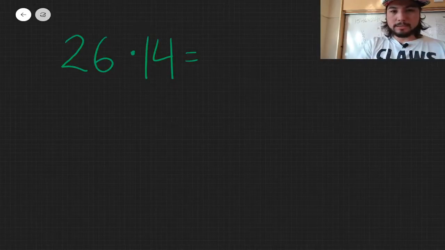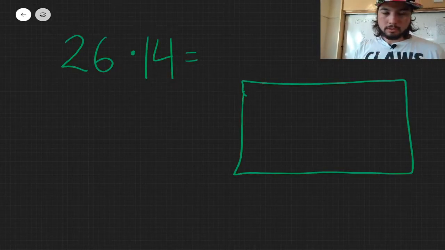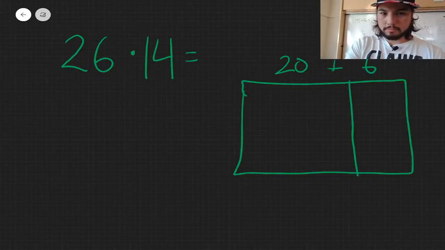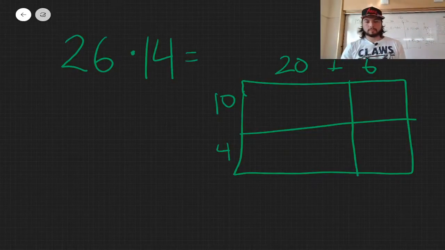So 26 times 14. So we're going to set up our rectangle here. 20 plus 6. 10 plus 4. Okay, so we have 26 on one side, 14 on the other.